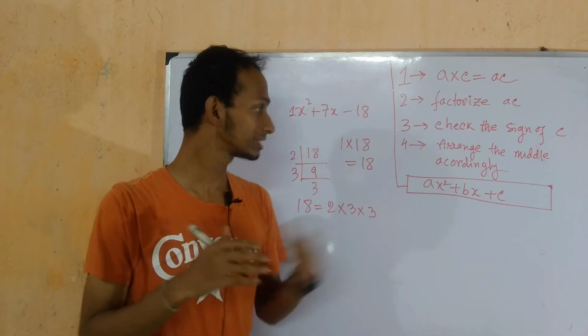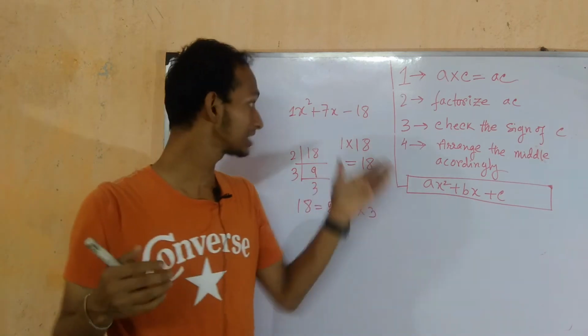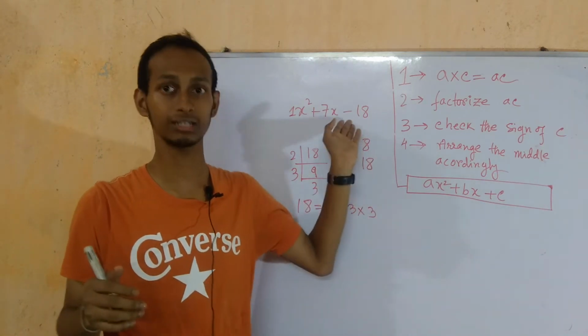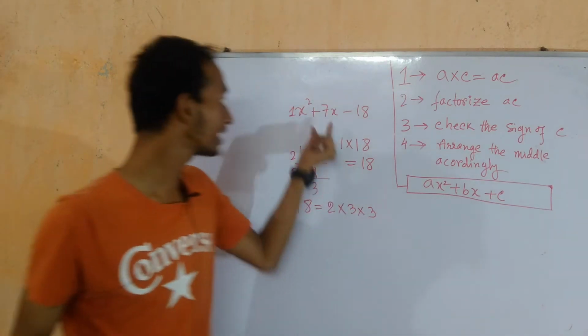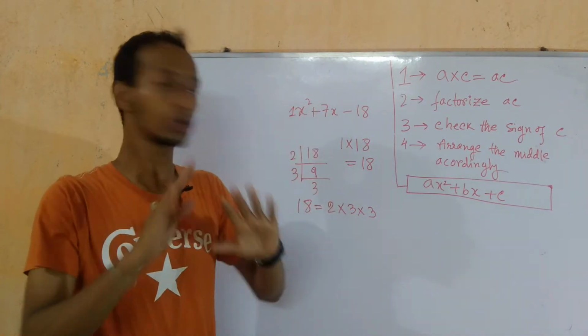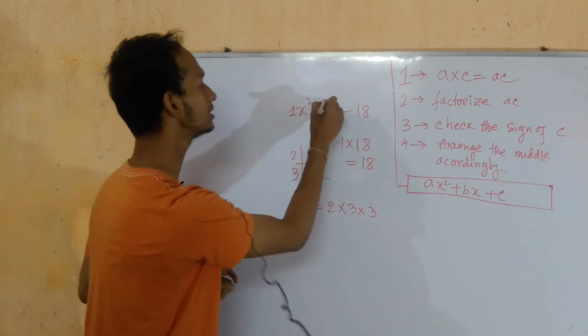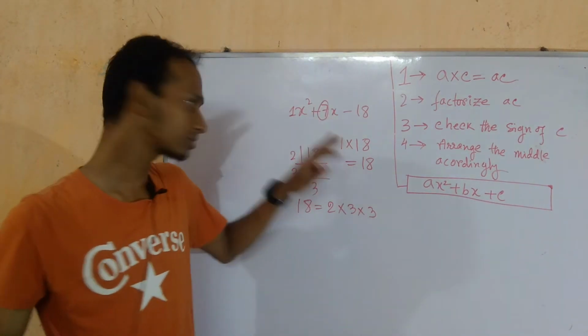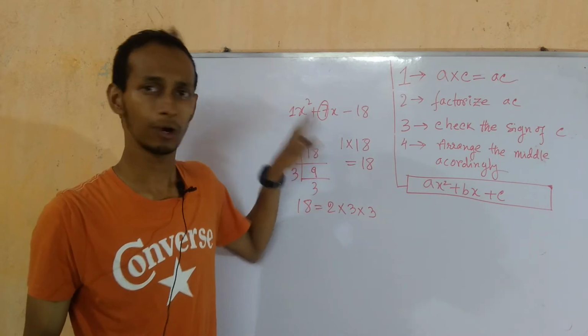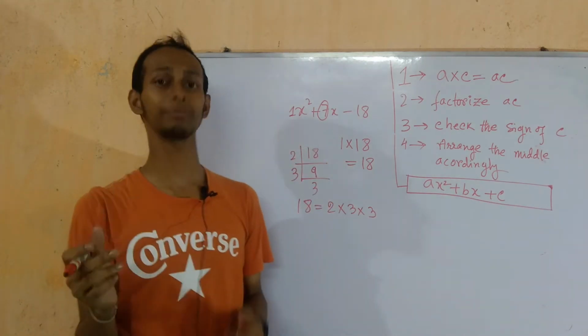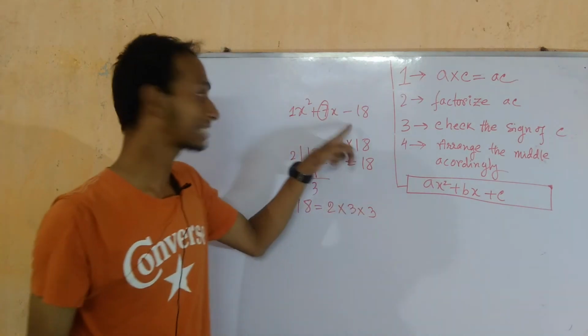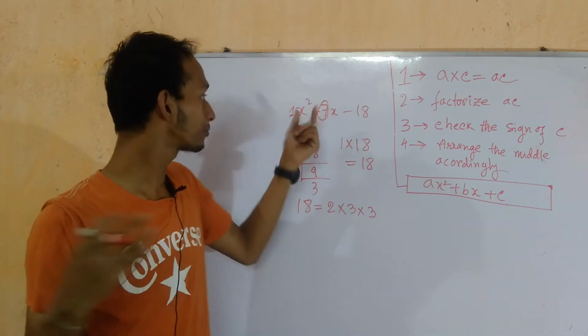What you have to do next, after checking the sign of c, which here is a minus, is rearrange the middle term. Middle term means forget about the x and don't look at the sign either, only see the term. The term is 7. Now according to the sign of c, we have to rearrange that.